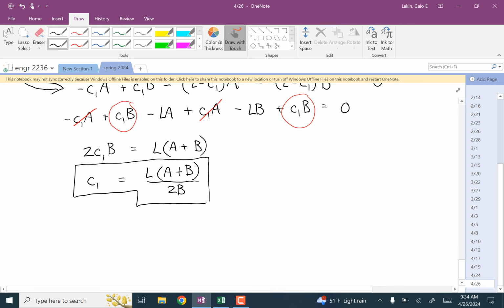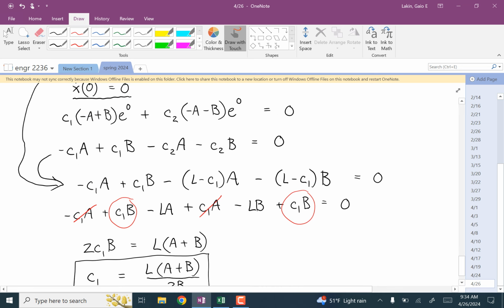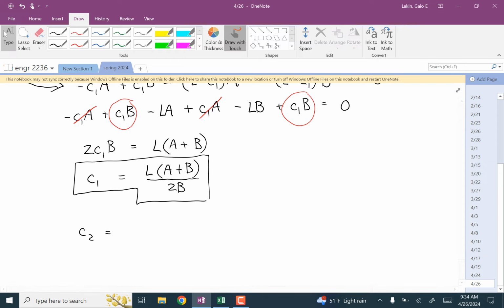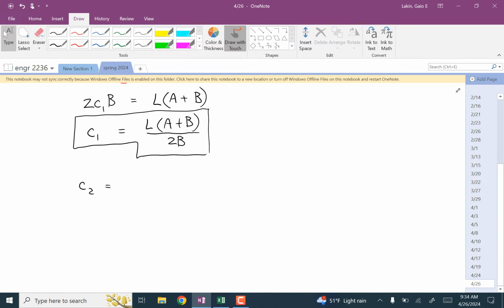Okay, so for C2, we can use this relationship: it is equal to L minus C1. So I'm going to write this as 2BL over 2B, and then minus C1, so minus LA, minus BL.